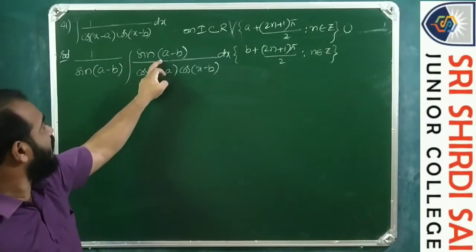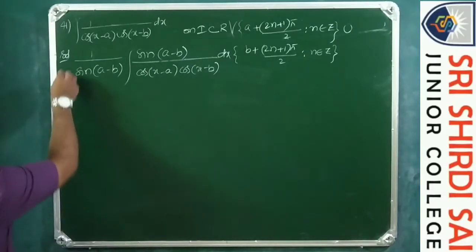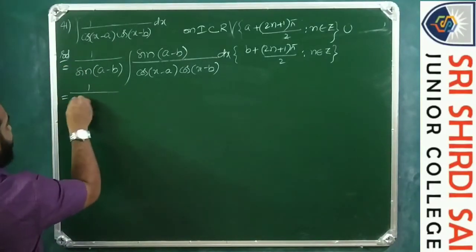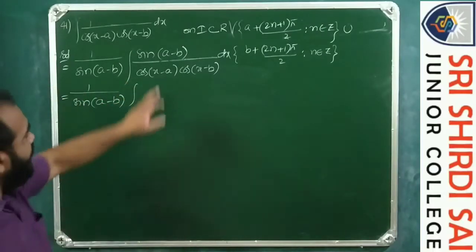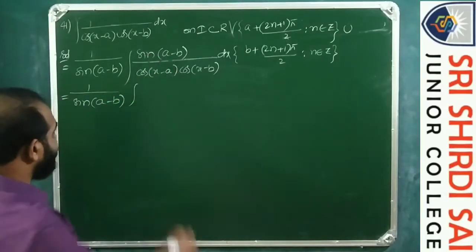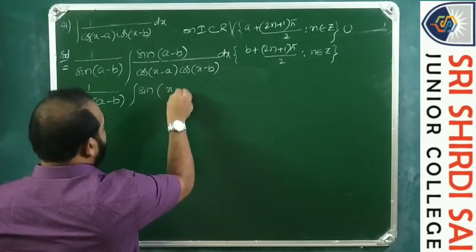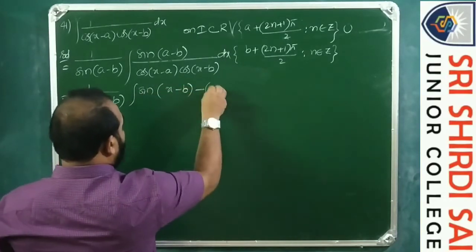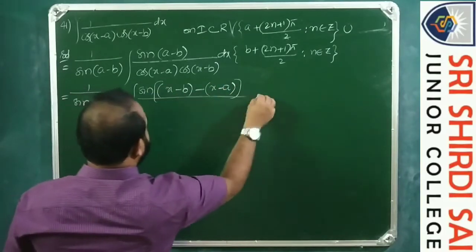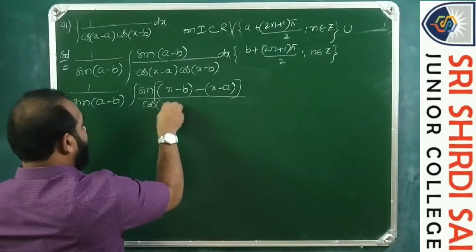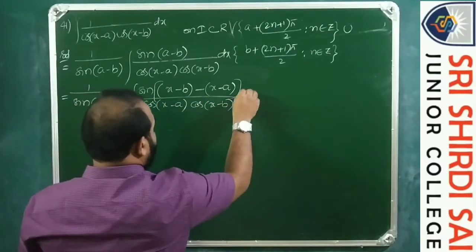This gets cancelled, and we are left with 1 by this dx only. So this is equal to 1 by sin(a minus b). I further write this to be sin of (x minus b) minus (x minus a) by cos(x minus a) into cos(x minus b) dx.